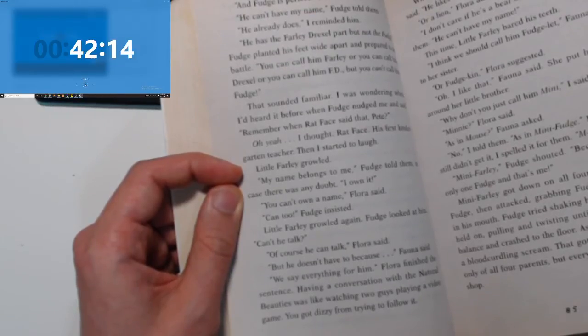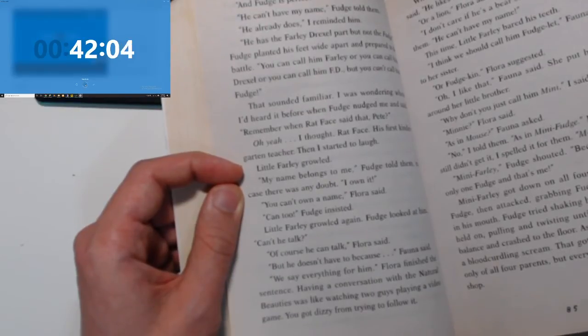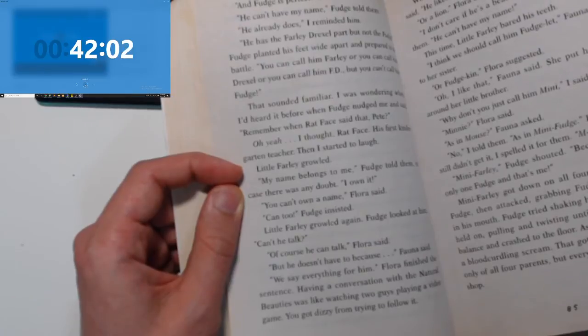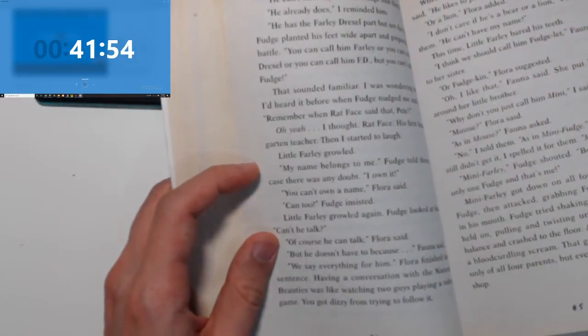"Of course he can talk," Flora said, "but he doesn't have to, because we say everything for him," Flora finished the sentence. Having a conversation with the natural beauties was like watching two guys playing a video game. You got dizzy from trying to follow it.